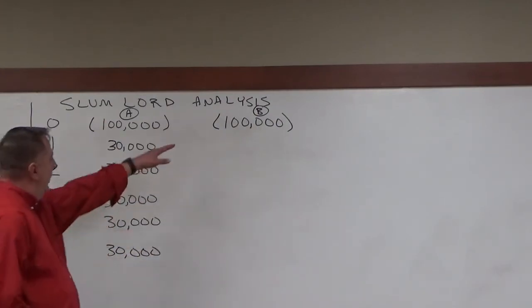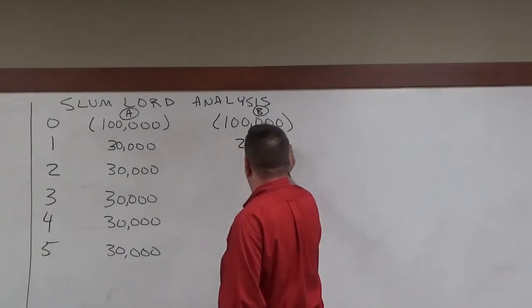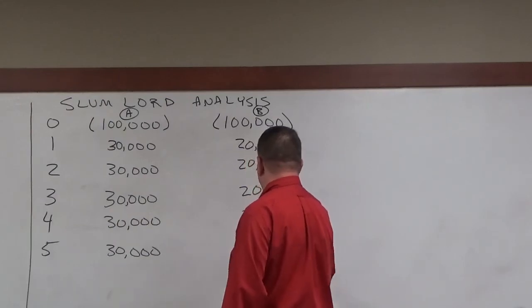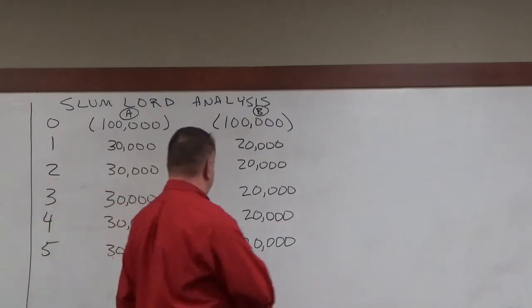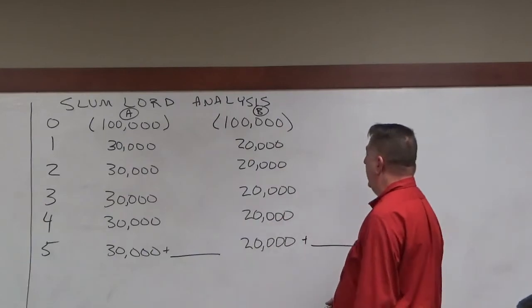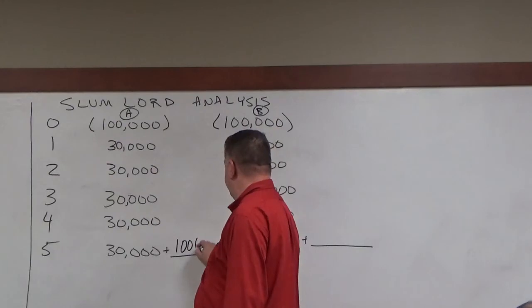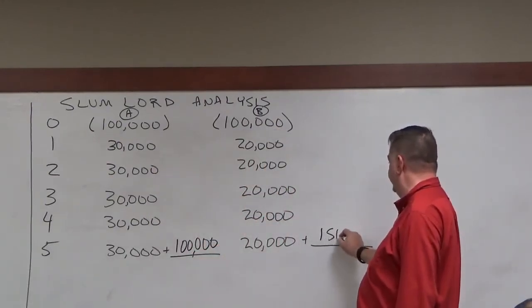And over here, it's going to be $20,000 a year. And then our reversion for this one is going to be 100,000, and for this one is going to be 150,000.